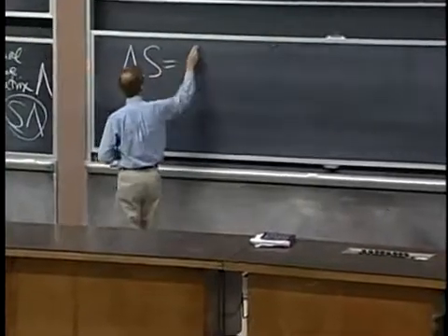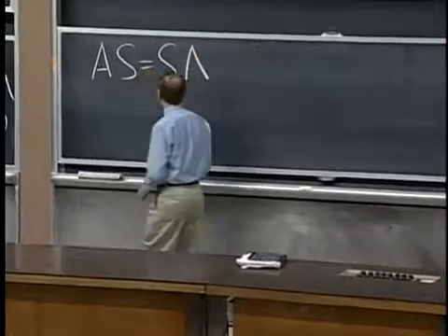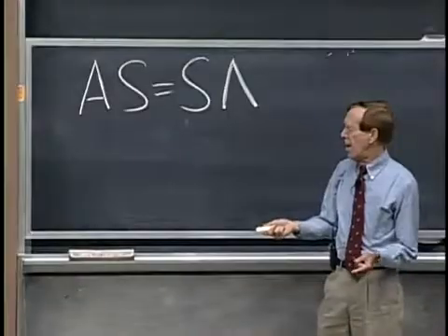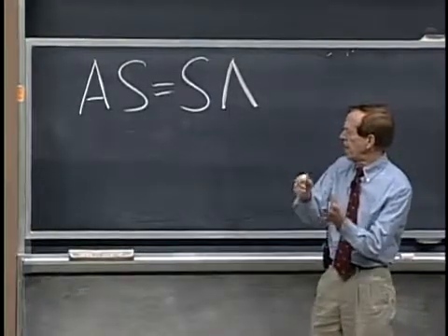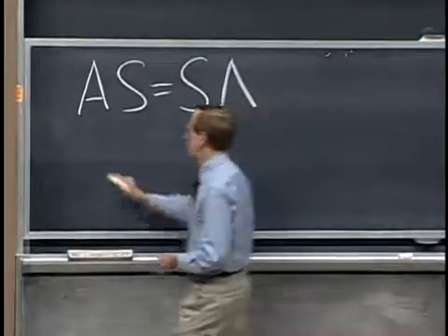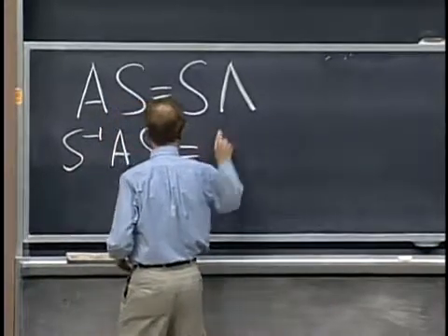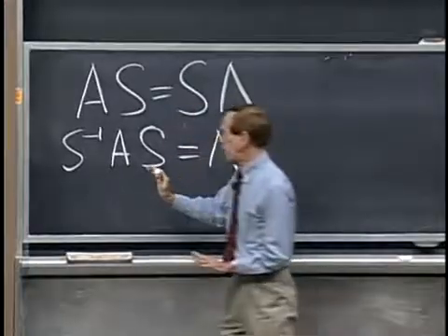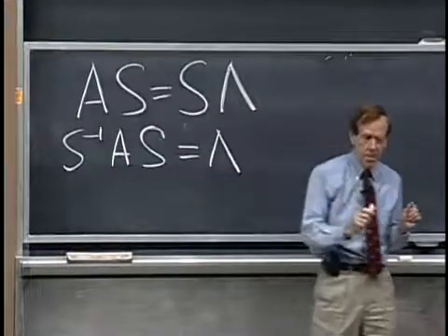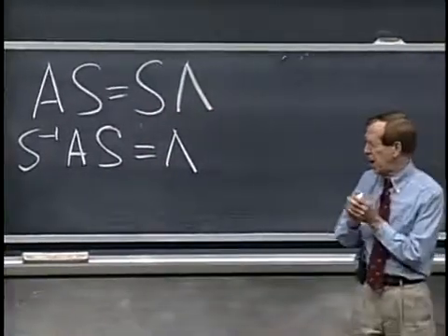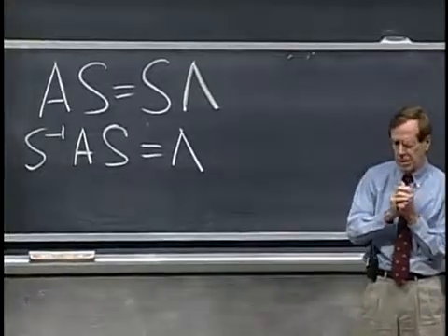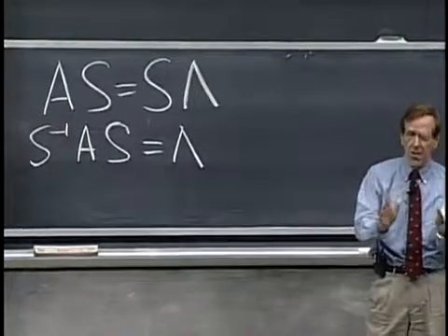AS equals S lambda. And now I can multiply on the left by S inverse. So this is really... I can do that provided S is invertible, provided my assumption of n independent eigenvectors is satisfied.